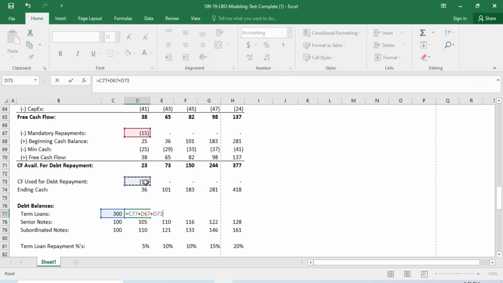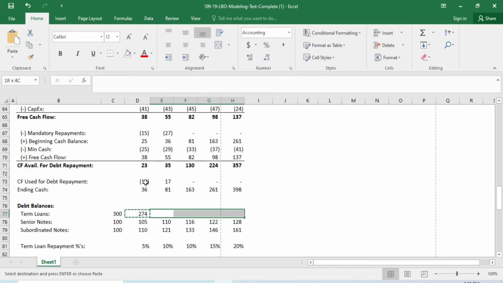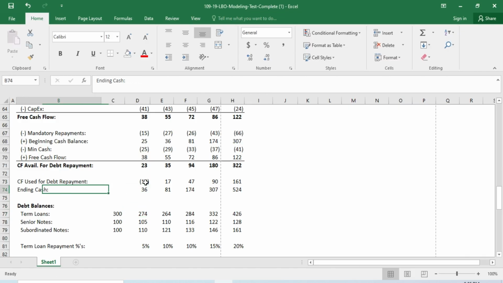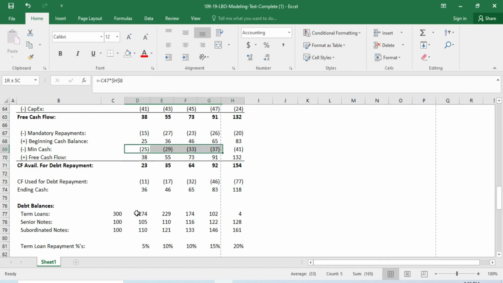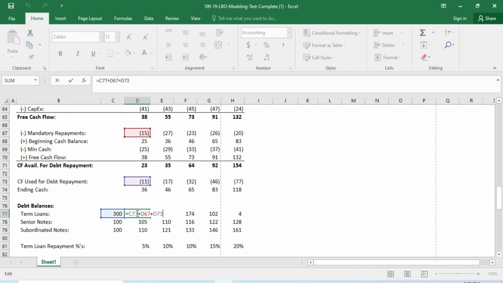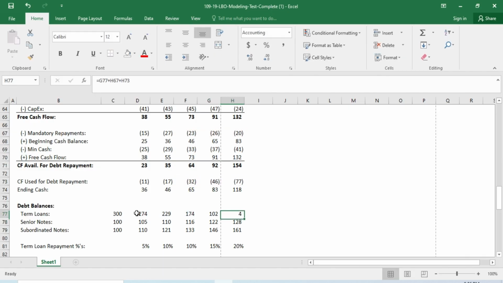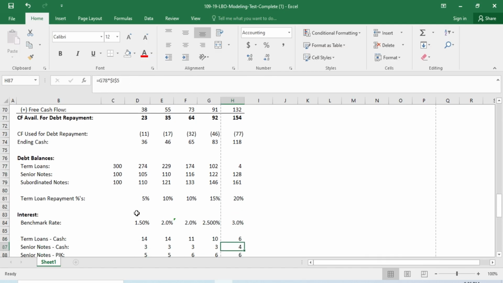Now let's calculate cash used for debt repayment. Here we'll also write a formula: minimum of cash, minimum of cash available into cash sweep, that is 50%.